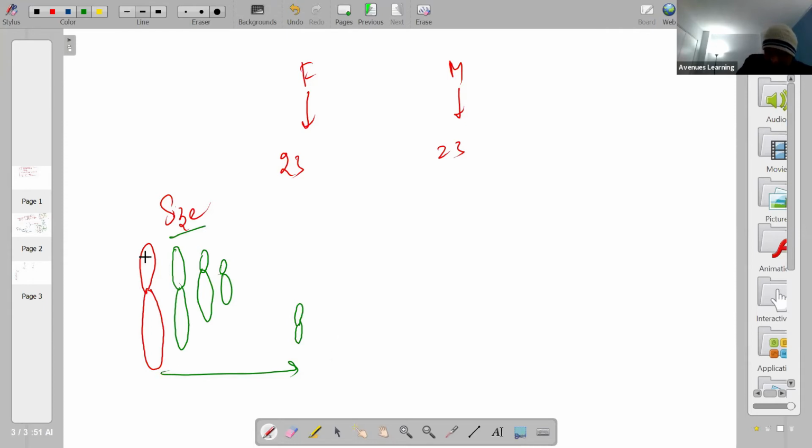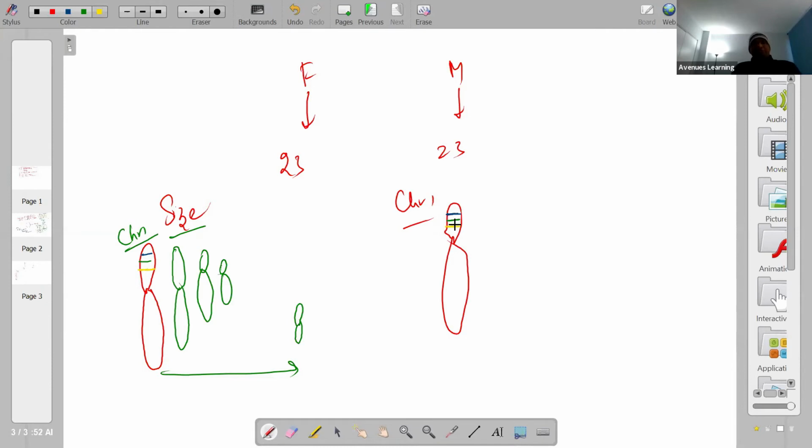So if the red one I say is chromosome 1, even the mother will have the same chromosome 1. If you look at the arrangement of the genes in chromosome 1, even on the chromosome from the mother, you will see the same arrangement.